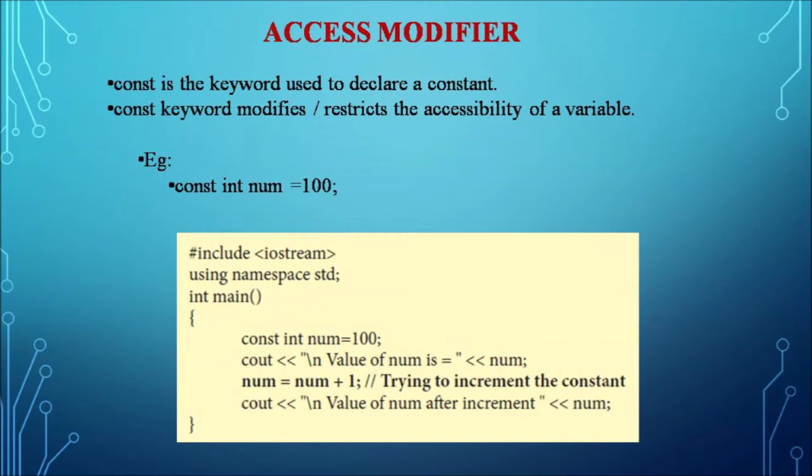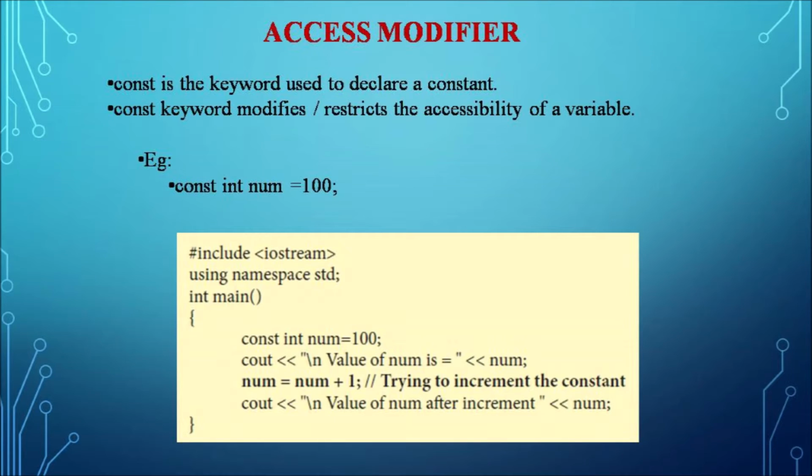So here you see the example. const int num is equal to 100. In this statement, the variable num is declared with an initial value 100. Normally the value of num can be changed during execution, but since it is declared as const, the variable num becomes a constant, and the value will remain 100 throughout the entire program.